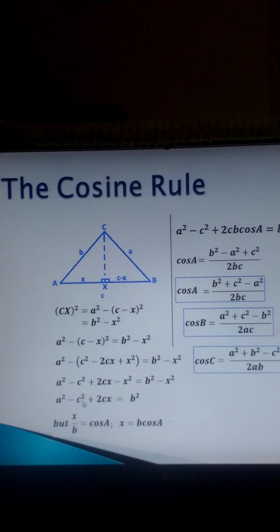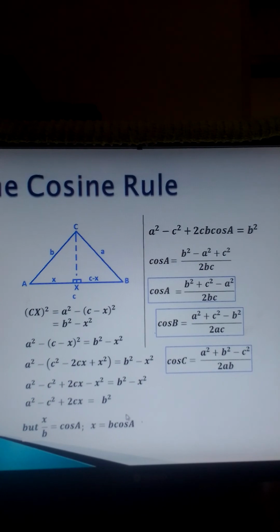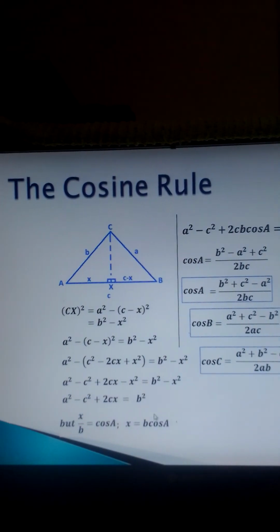Alright, now from here we know that in this angle A, the cosine of this angle A is equal to the adjacent side divided by the hypotenuse. So the cosine of A is equal to x over b, which means x is equal to b cos A. Now from there we can substitute the value of x by b cos A in this equation.